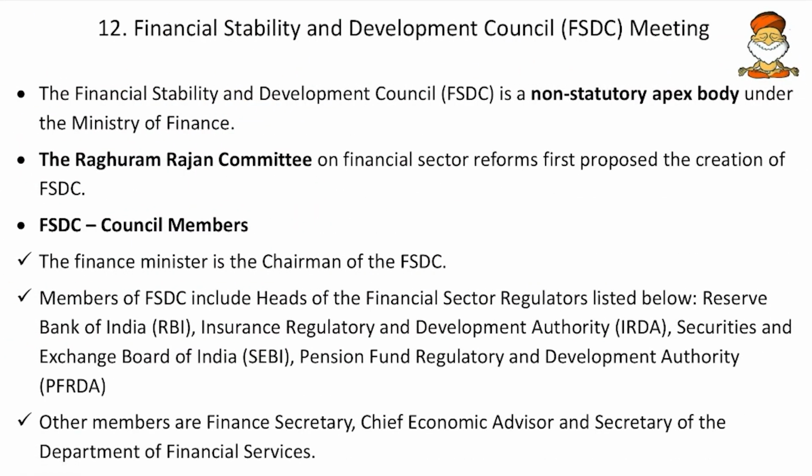Then come to the next, the Financial Stability and Development Council. Here, the Financial Stability and Development Council is a non-statutory apex body under the Ministry of Finance. So it is an executive body. The Raghuram Rajan Committee on Financial Sector Reform proposed this FSDC. And who are the members? The Finance Minister is the chairman of FSDC.